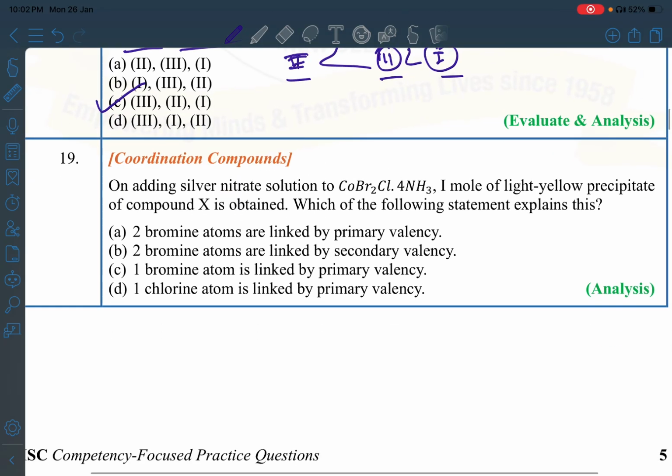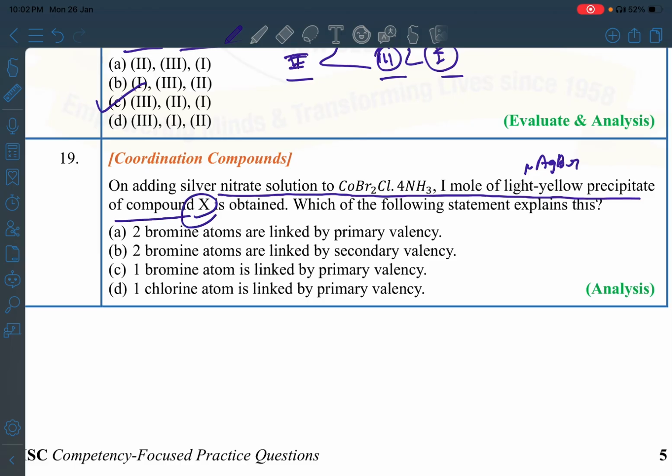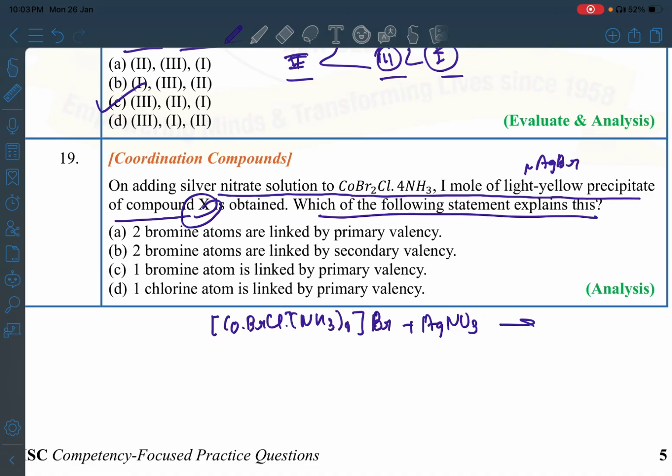Then, on adding silver nitrate solution to CoBrCl2(NH3)4, 1 mole of light yellow precipitate of compound X is obtained. Light yellow precipitate is like AgBr. X is AgBr. Which of the following statements is true? So we want one Br outside the bracket. So [CoBrCl(NH3)4]Br. This is the complex. It reacts with AgNO3 and forms AgBr. So this is the primary valency and this one is the secondary valency.